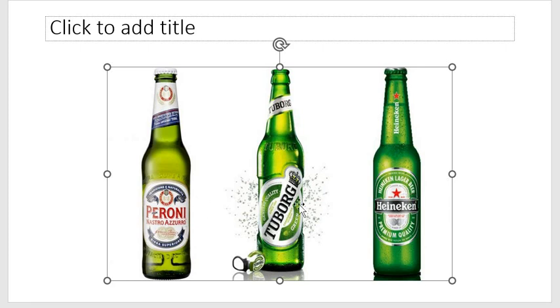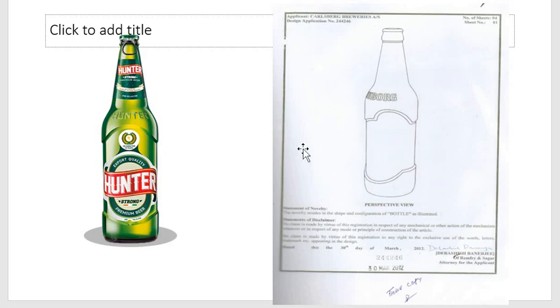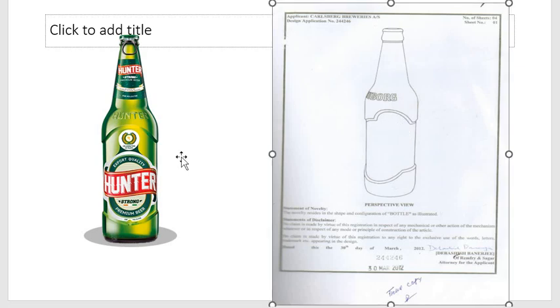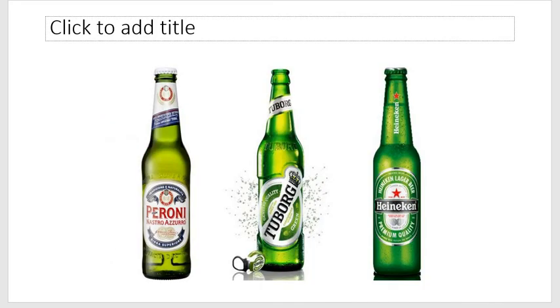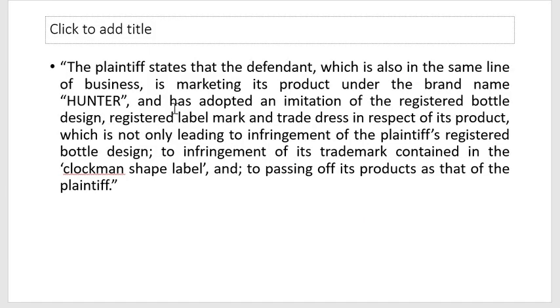If you see all these bottles and you are asking for registration of the full bottle, with no particular feature, then Tuborg is nothing but another bottle. That's all. So there is no protection. You can read this. What I have told you, it will be there.